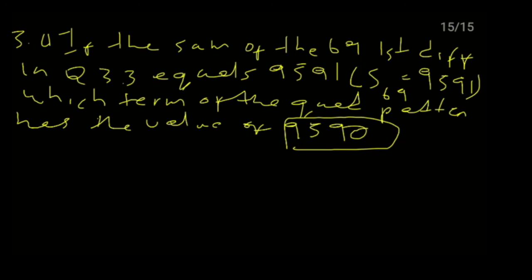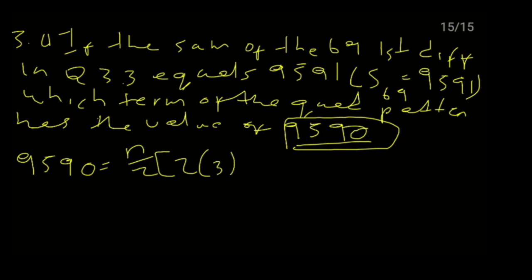What is that term? Now from our sum formula, we know that we're going to say this sum, right, equals n over 2, close bracket, 2, and then we know our first term is 3, plus n minus 1. Our common difference is 4, right?